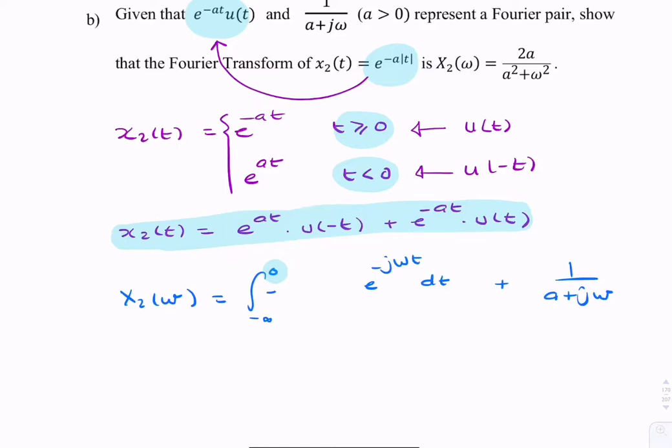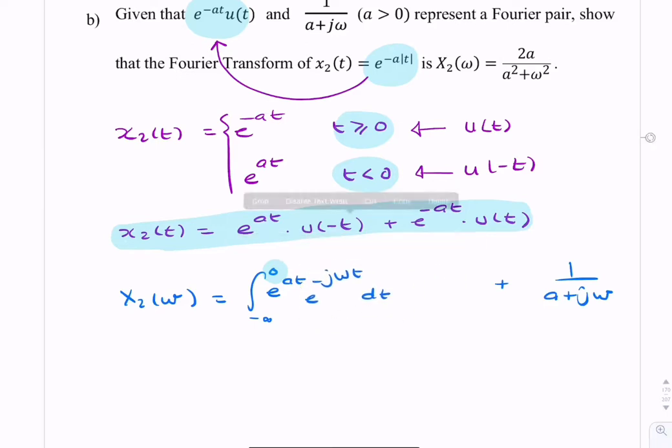So it's simply e to the at times u of minus t. And u of minus t is simply 1 for this range. So I can remove that. So now I have that expression there.